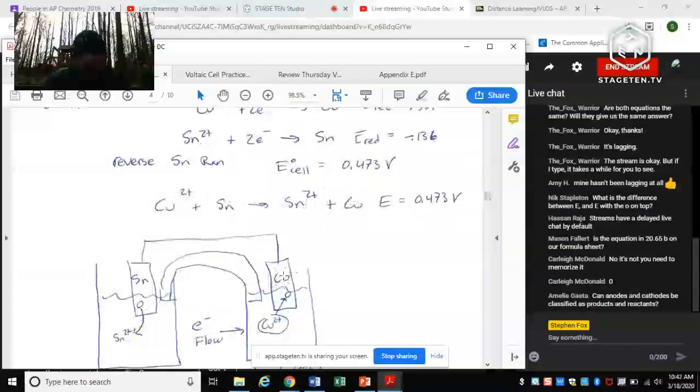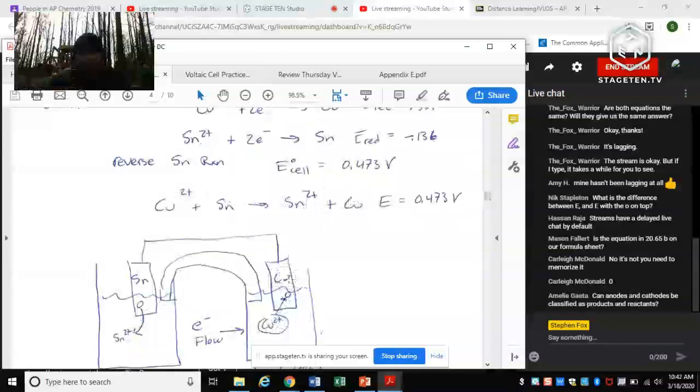And then what would happen here is the copper 2+ would be forming copper 1+ still in solution instead of copper 2+ forming solid copper onto the electrode. And so in that case, platinum would not be a part of my reaction. It would not be considered a product. It would just be what is allowing for the flow of electrons. Okay.